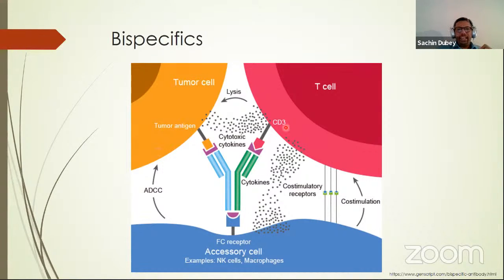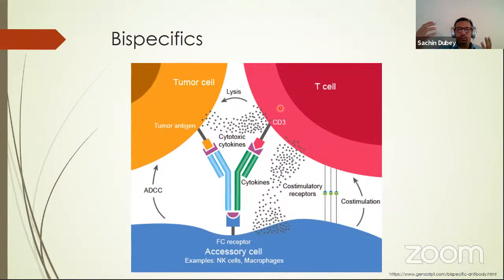But if we engage T cells as well, which are much more potent, there is a dual role by which the tumor cell is getting eliminated. One is, of course, through ADCC functionality, and the second is by the engagement of T cells.